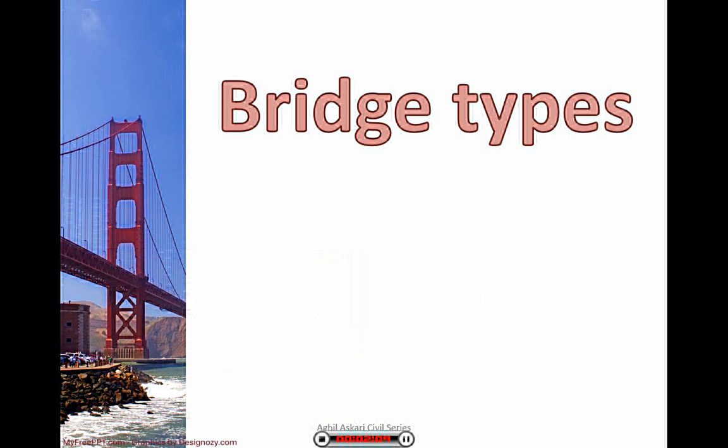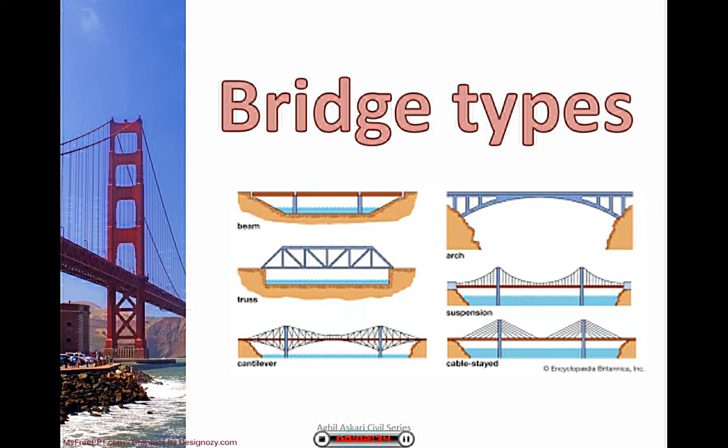In this section, I want to introduce you to the common types of bridges. When I say bridge types, I mean their structure type, because bridges can be categorized in different ways, for example, appearance or dimensions or use, and etc. Okay, we want to see common bridge types.